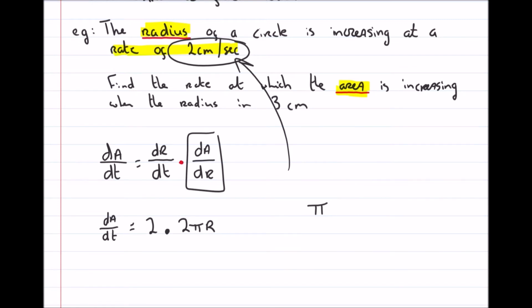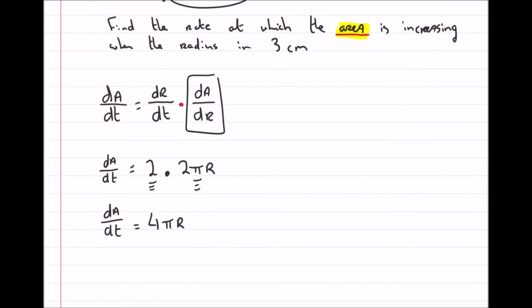Let's have a look now. I have dr/dt, I have dA/dr. In order to find dA/dt, I'll multiply both. dA/dt then equals 4 pi r. And the last thing I was asked, and here it is, find the rate at which the area is increasing when the radius is 3 centimeters.